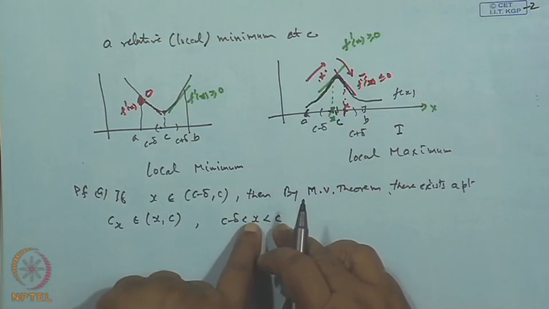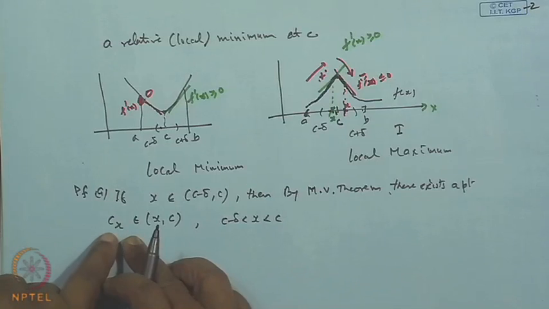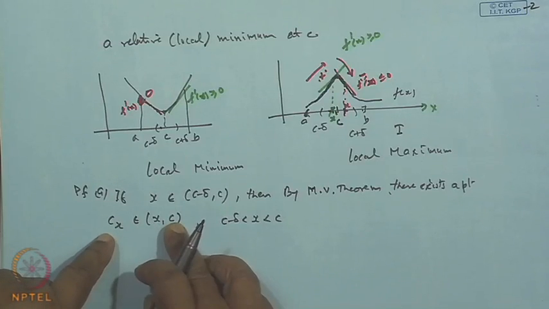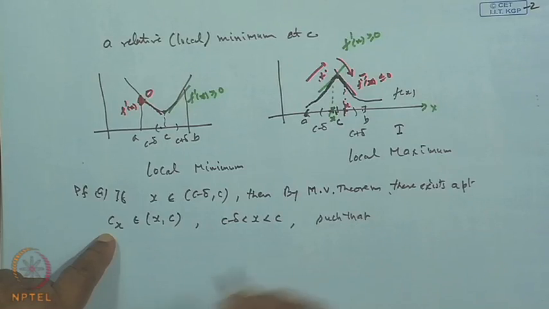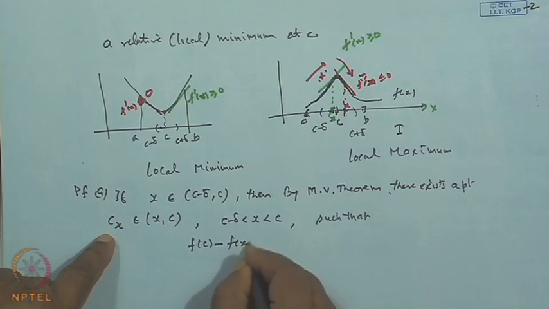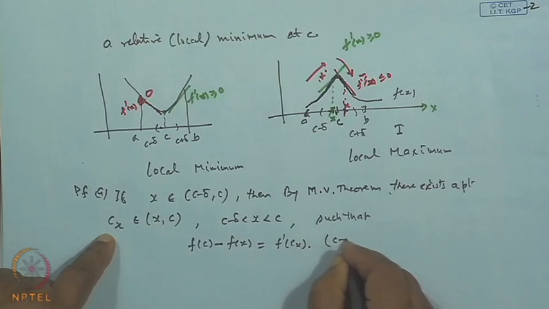So, I am choosing the interval x to c and applying the mean value theorem. So, there exists a point c x in this interval such that f of c minus f of x is equal to the derivative of the function at the point c x times c minus x.